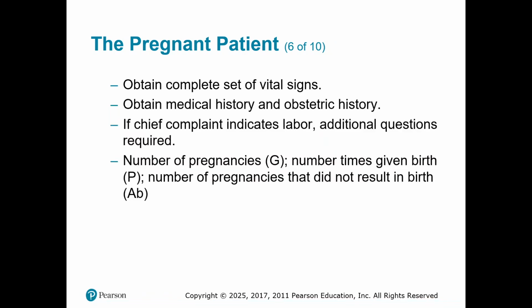You want to obtain a complete set of vital signs and medical history, along with their OB history. If the chief complaint indicates labor, additional questions are going to be required, like the number of pregnancies, that's your gravida, the number of times given birth, and the number of pregnancies that did not result in birth, right? So that could be your miscarriages or abortions.